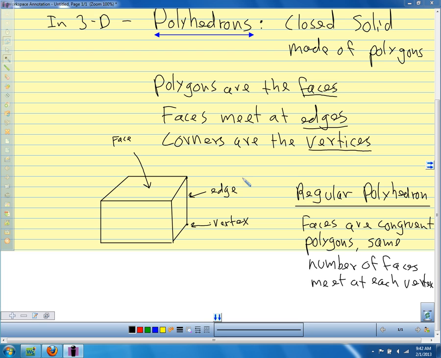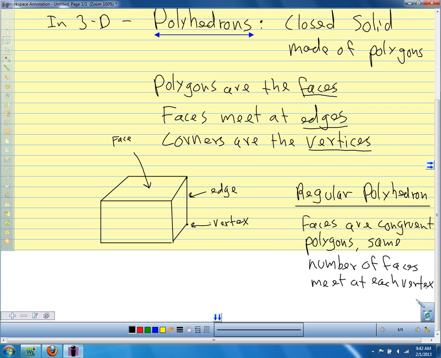So having all of our faces be congruent polygons, and having the same number of faces meet at each vertex, guarantees us that we have a regular polyhedron. But the idea is the same, that the shapes are the same, the angles are the same, the sides are the same, all that kind of thing.